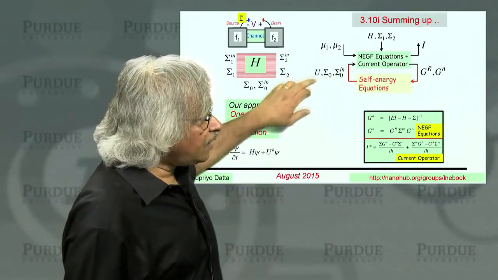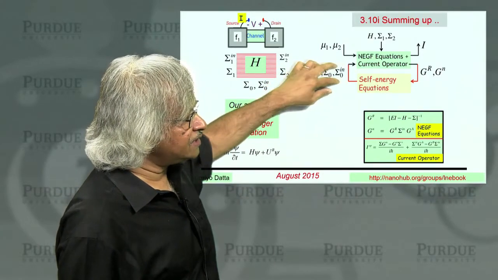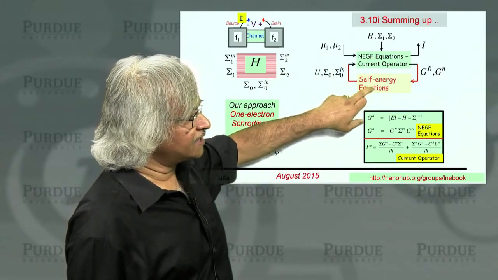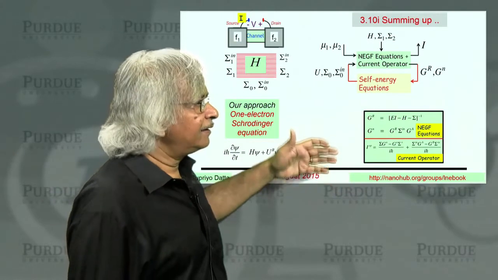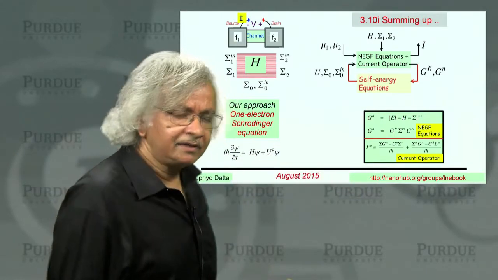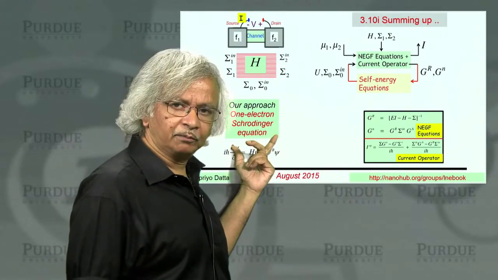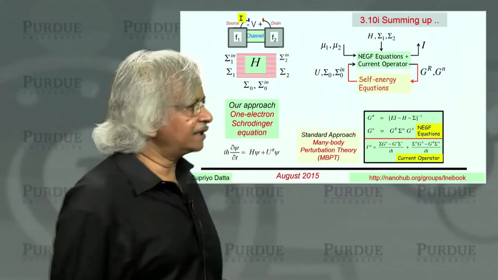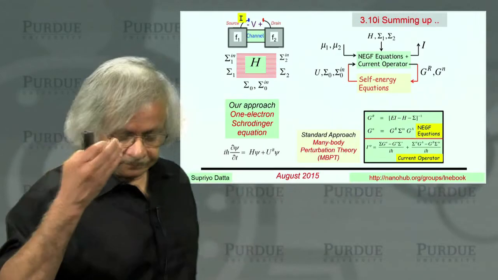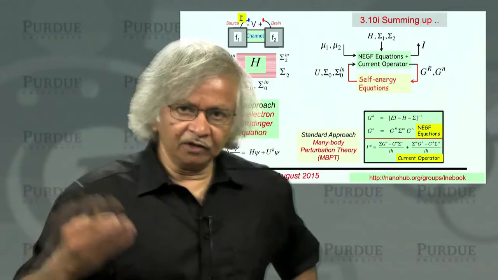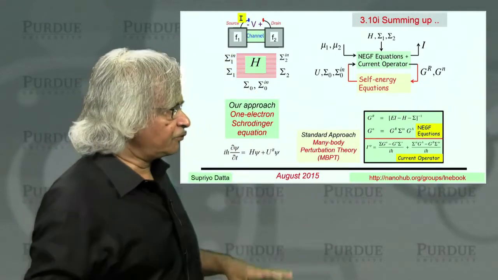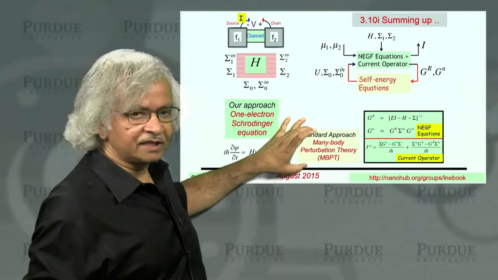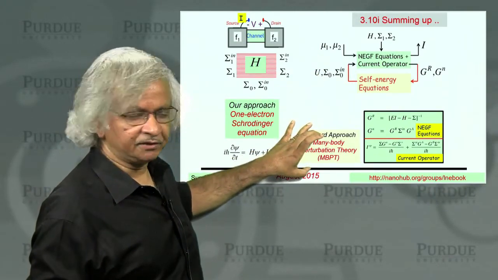And how do we write down what are these self-energy equations? Well, in some cases, you can get it directly from the one-electron approach, especially if it's elastic. If it is inelastic, then there are subtle issues like, as I mentioned, involving the exclusion principle. And of course, the formal way of getting those results would be from this many-body perturbation theory.